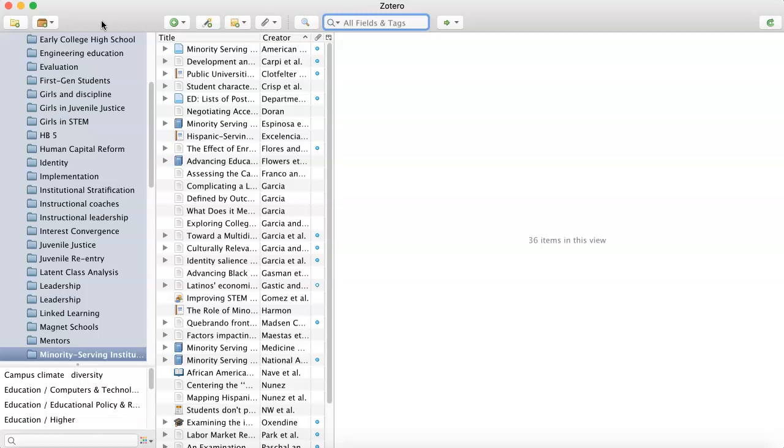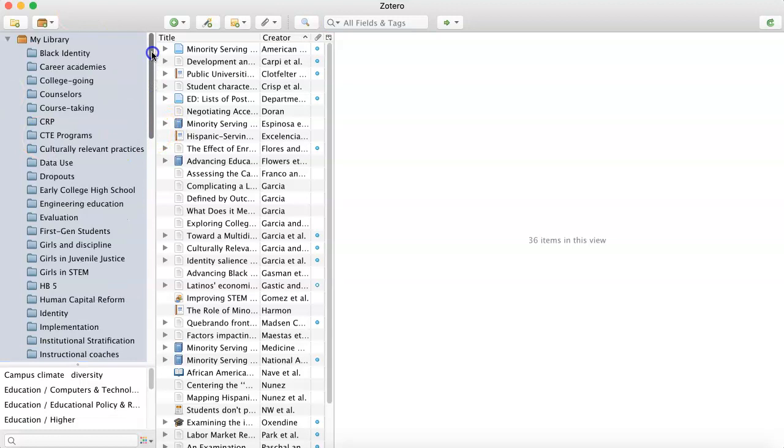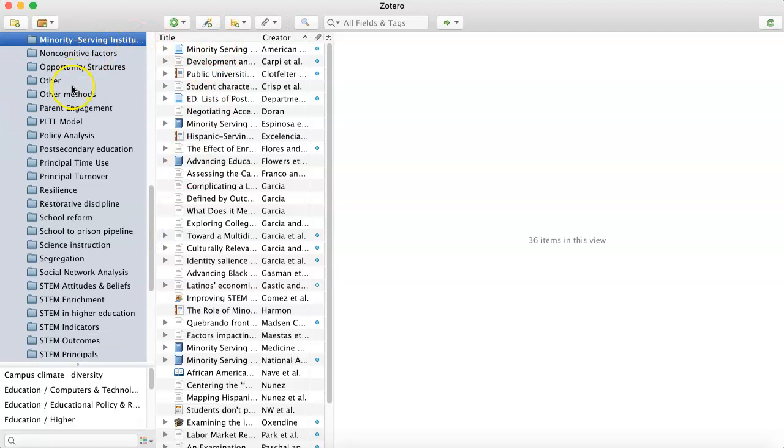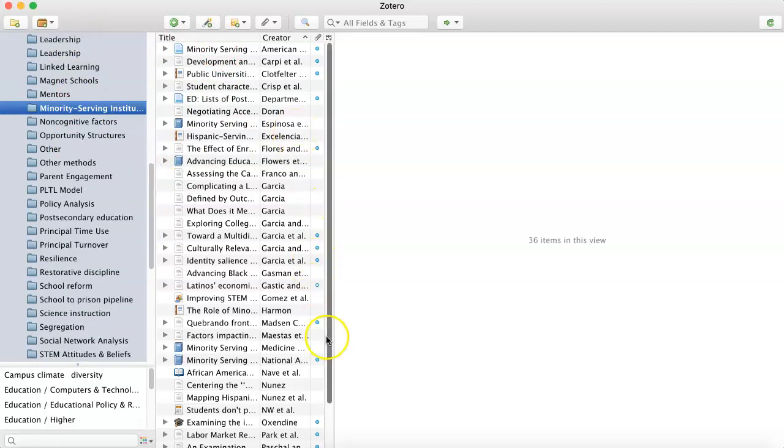desktop. And that way, this is what I'm looking at right now on my screen, the desktop or laptop application. You can see over here I have lots of folders. This is my library. Right now we are in a folder labeled Minority Serving Institutions.